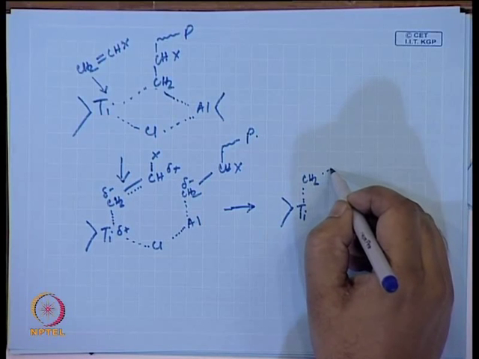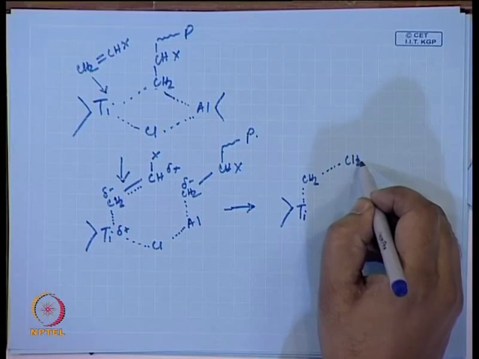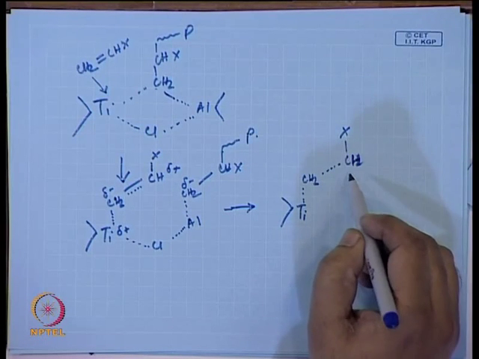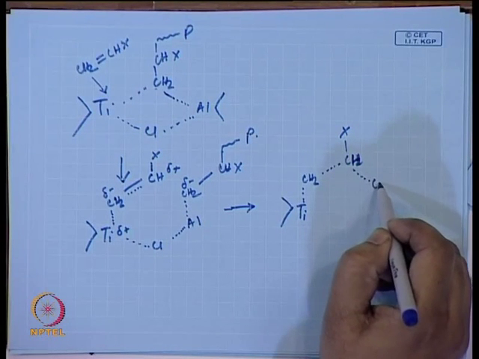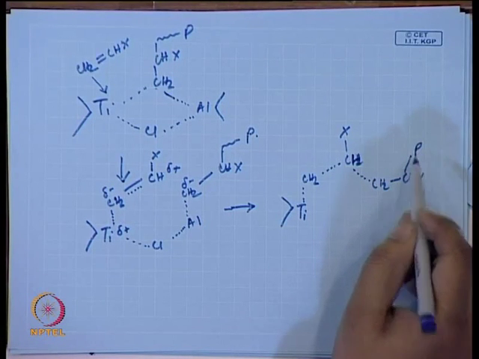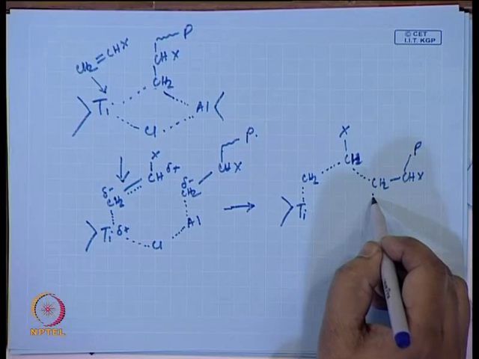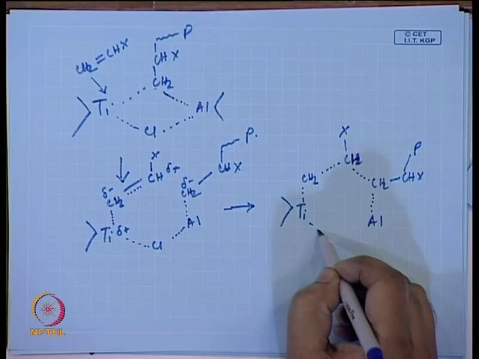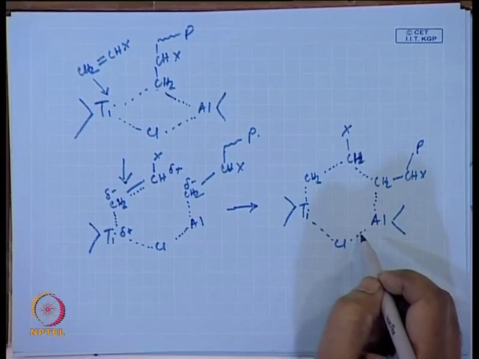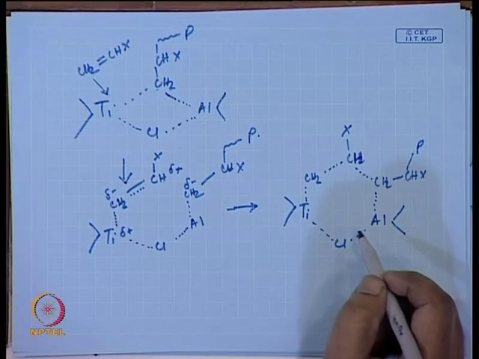You can draw it yourself, and so, that is the 6-membered ring transition state.